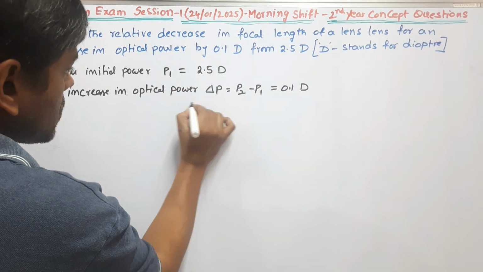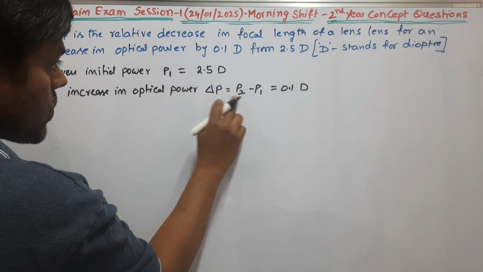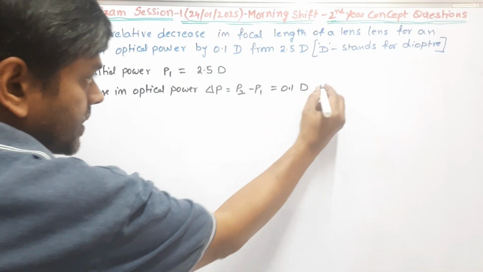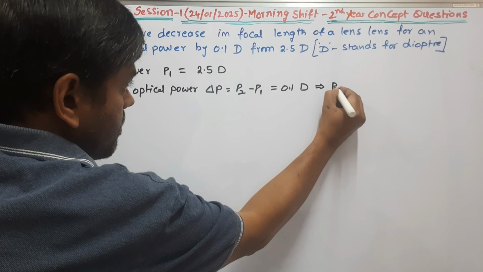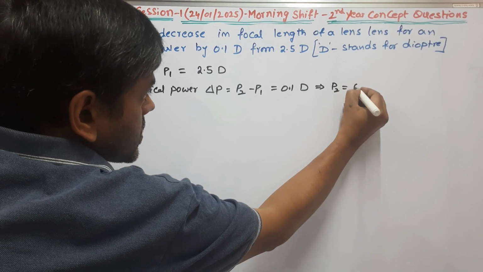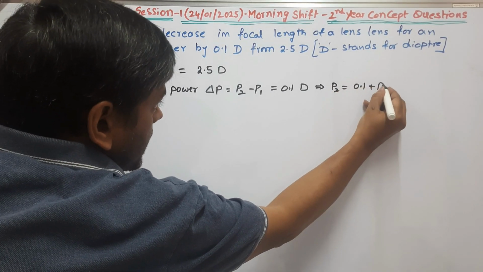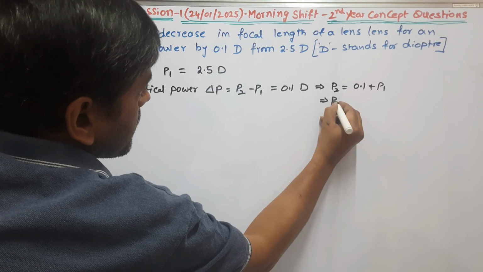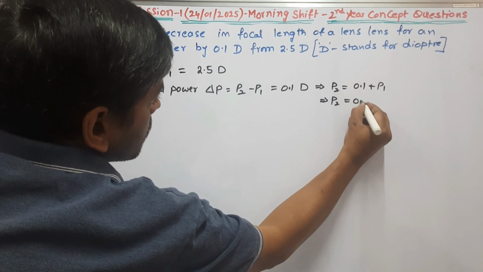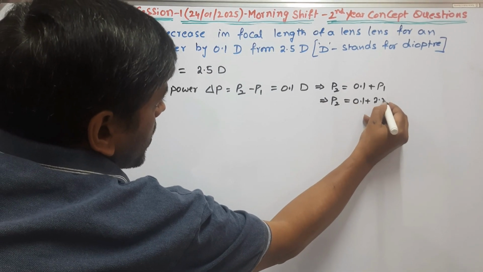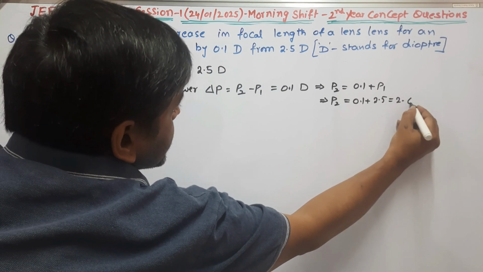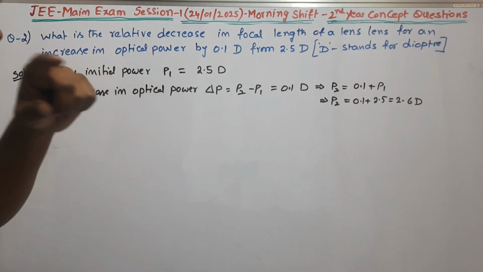So the increase in optical power, P2 minus P1, is 0.1 diopter. That implies final power P2 is 0.1 plus P1, so P2 is 0.1 plus 2.5, equal to 2.6 diopter. This is the power.